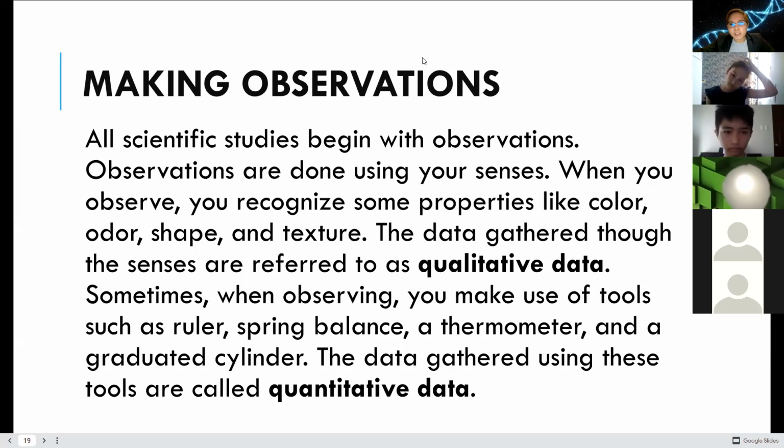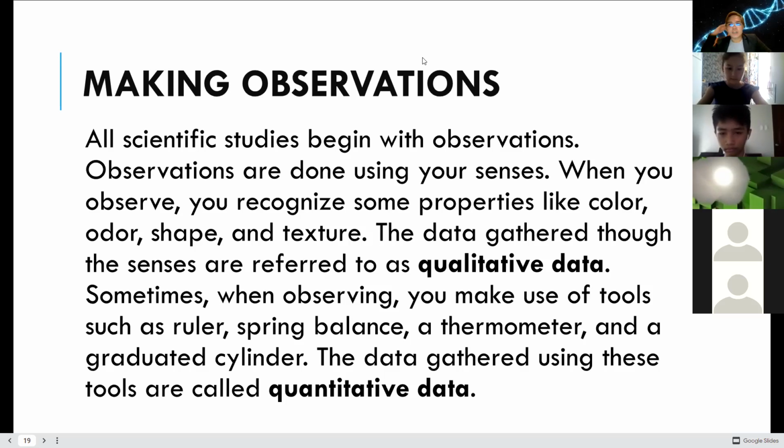Sometimes when observing, you use tools like a ruler, spring balance, thermometer for temperature, and graduated cylinder. The data gathered using these tools is called quantitative data.